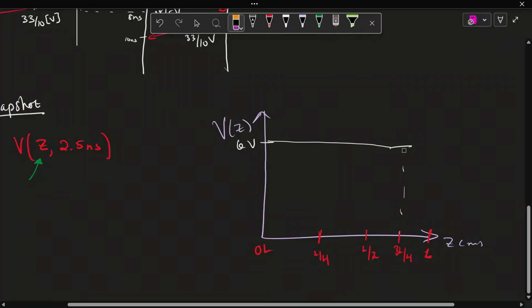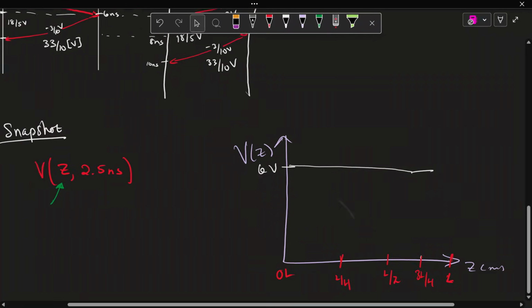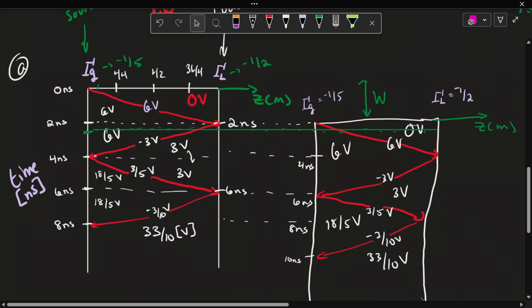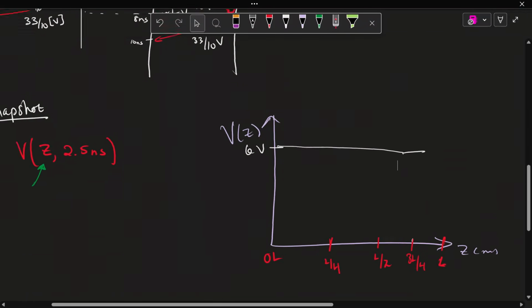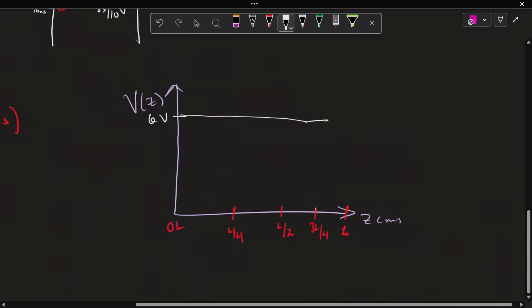Good enough. Now, after the 6 volts, how much does it go down by? What is our new value? Well, here, it then reads 3 volts. So we go down to 3 volts. So now we can make this 3 volts, and we can say go straight down here, and it ends here.